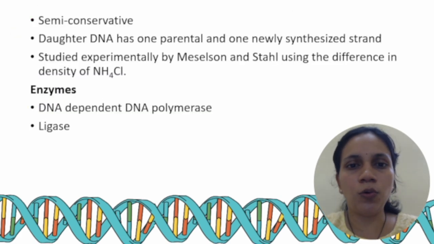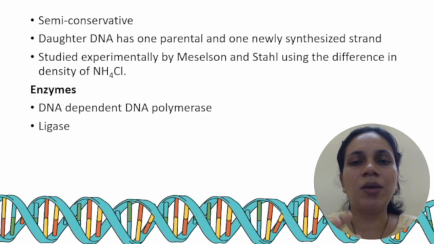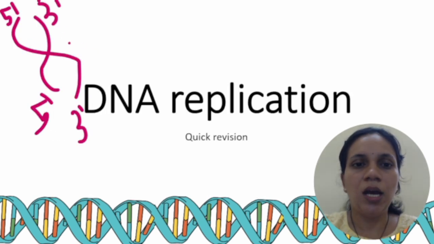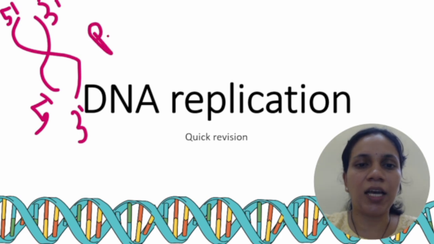Now we all know, as I have explained in the previous videos, that DNA has a semi-conservative nature of replication. So we know that there are two strands involved over here, and this original strand will be called the parental DNA because it is the parent.